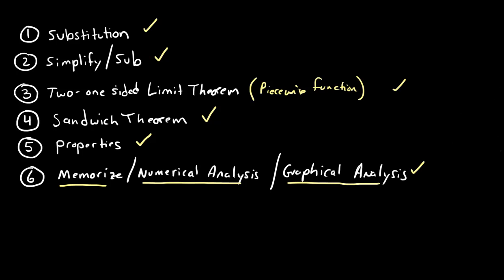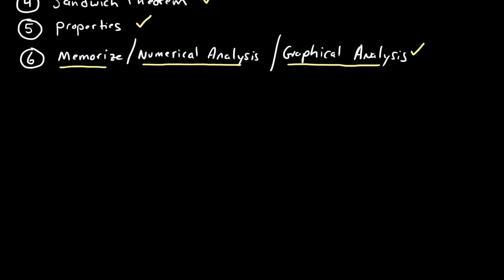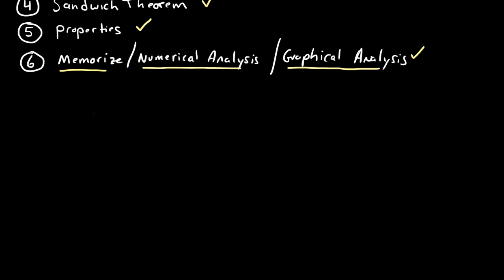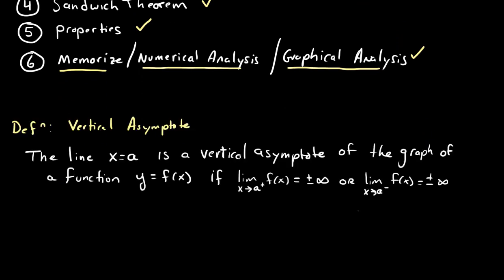All right, let's finish up this lesson by defining a couple things. We have a definition of a vertical asymptote, and the definition will read as follows. The line x equals a is a vertical asymptote of the graph of a function y equals f of x if, and then we have these statements. This should be familiar to you from the last unit.